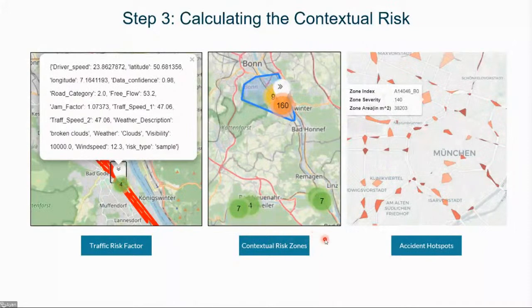So with the Kruzr data, we can create contextual risk zones, which talk about areas where some kind of risk event is happening at a much higher rate compared to other areas.